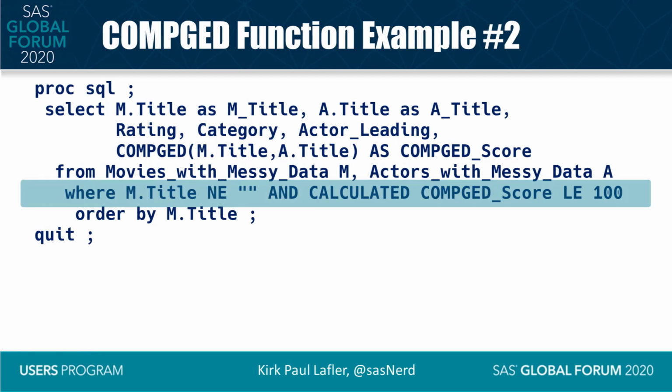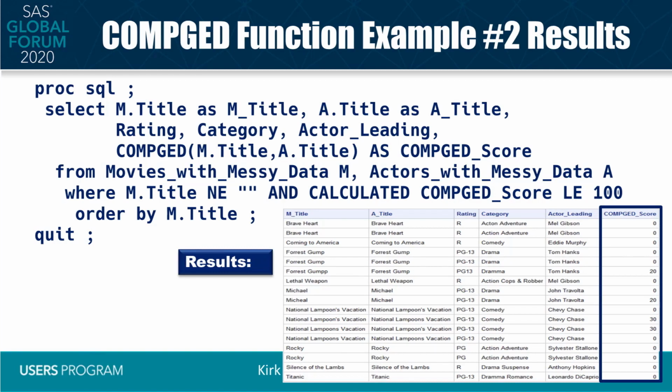What is calculated? Where did that come from? Well, calculated is a keyword that allows us to take advantage of derived variables that we're creating on the select. If you recall in lesson 1, I talked about the order of execution.